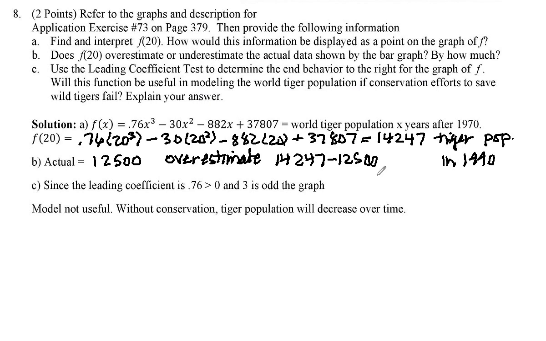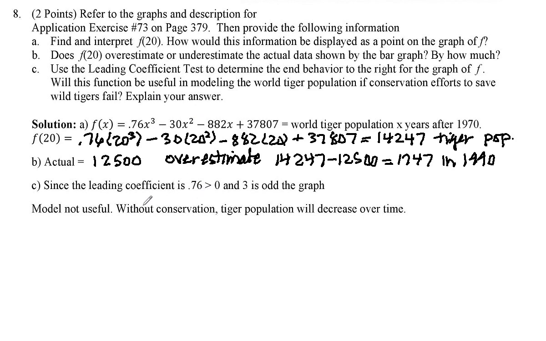and by how much? Okay. And that is actually 1747 is the overestimate. So if this would have ended up being less than the 12,500, then it would be an underestimate. And then our leading coefficient test here, we've got an odd exponent, and then our 0.76 is greater than 0.